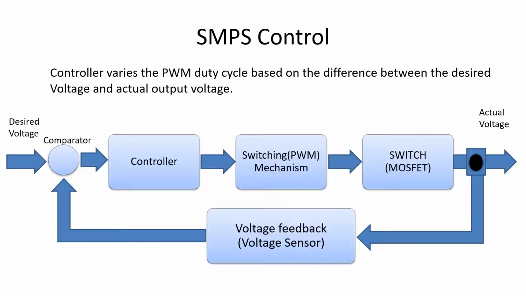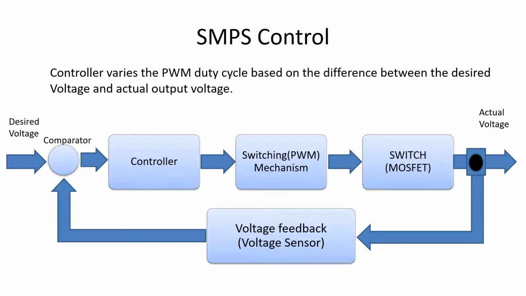Here the output voltage varies depending on the load as well as the fluctuations of the input. So in order to get a desired output independent of the voltage fluctuations as well as the load, we have a feedback system.